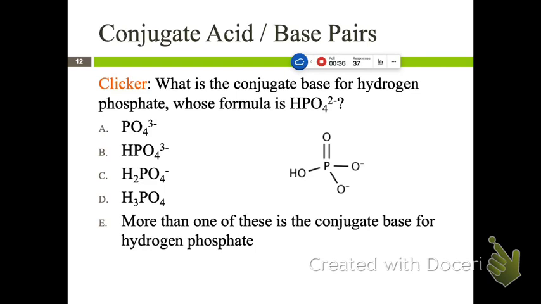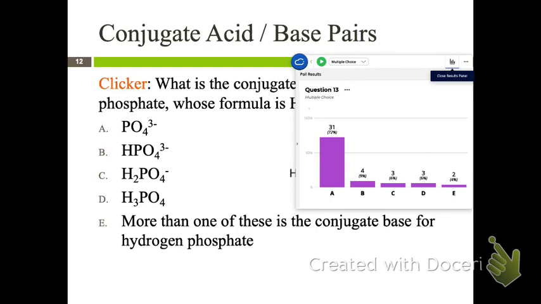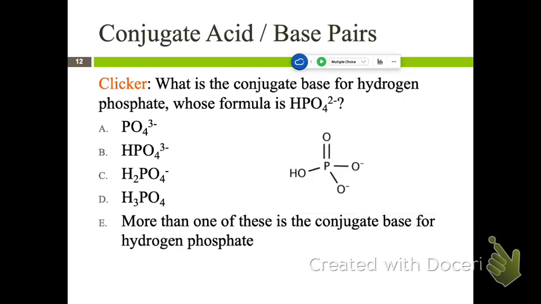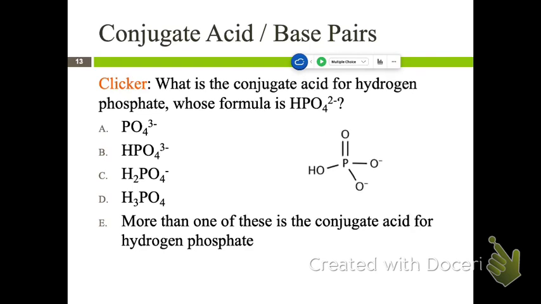Going to go ahead and close it out. Bam! Yeah, we got that, right? So if this one loses a proton, that's going to be considered the conjugate base. So it's with an O- here, which is this one. So then the last question: what is the conjugate acid of hydrogen phosphate?